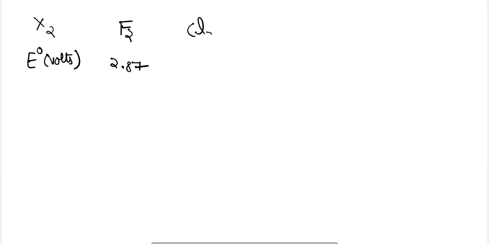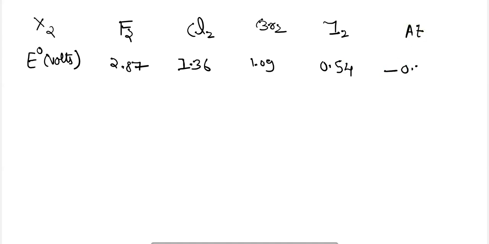That is, difluorine has 2.87, chlorine has 1.36, Br2 has 1.09, I2 has 0.54, and astatine has minus 0.3. Hence we say that F2 is one of the strongest oxidizing agents, while I2 is the weakest oxidizing agent in this group.